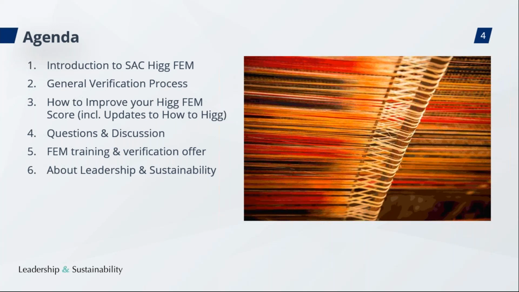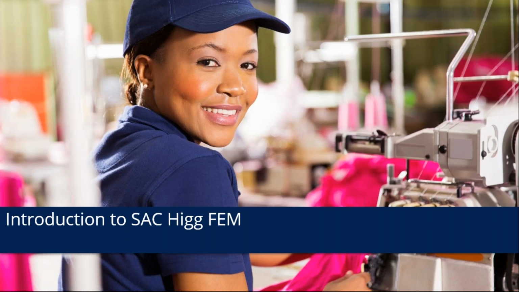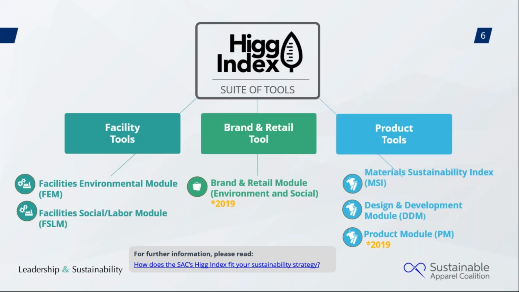Let me now introduce you to the SAC Higg FEM as a member of the Higg Index suite of tools. This slide gives you an overview of the Higg Index tools. The suite covers the brand and retail module, which you can see here in the middle, which means they focus on the corporate level of brands and retailers.